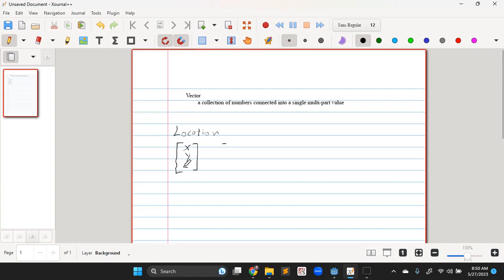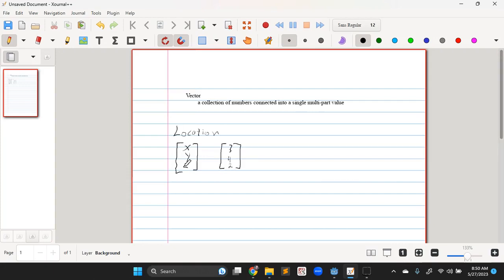So at some spot in space, we're maybe like 3 units over, 4 units over. So maybe forward to the right and 2 units up. And that gives us a location in space.